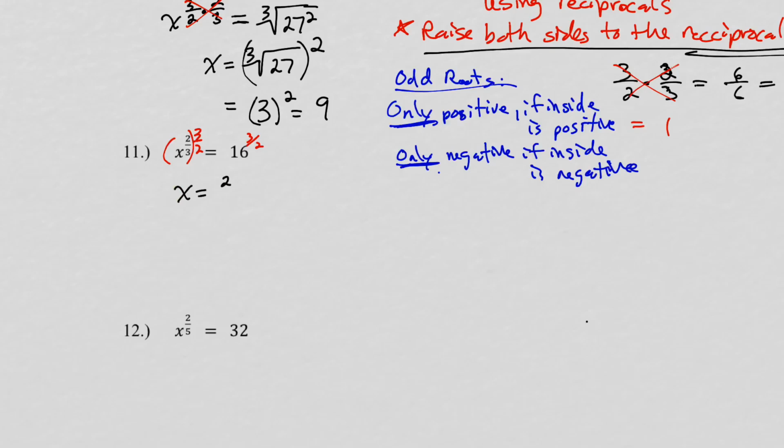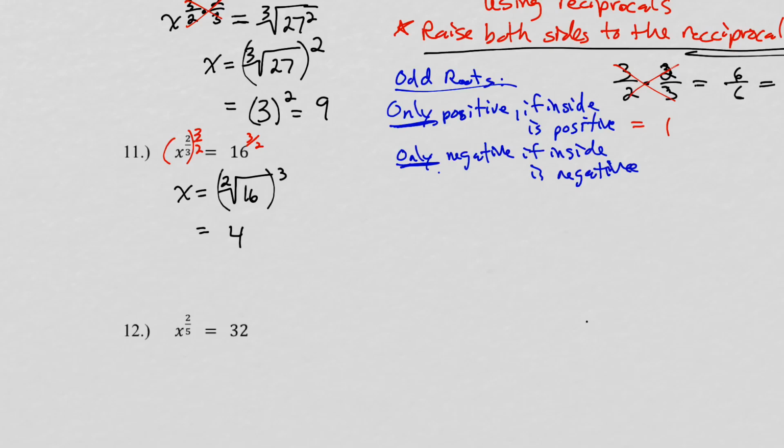And this is basically the root 2. That's the denominator. That's square root 16. And we're going to put the 3 on the outside, and everything else on the inside. So that helps us do this in our heads, because the square root of 16 is 4. I'd rather do that than do the cube root of 16, which is a gigantic number. So the square root of 16 is 4.